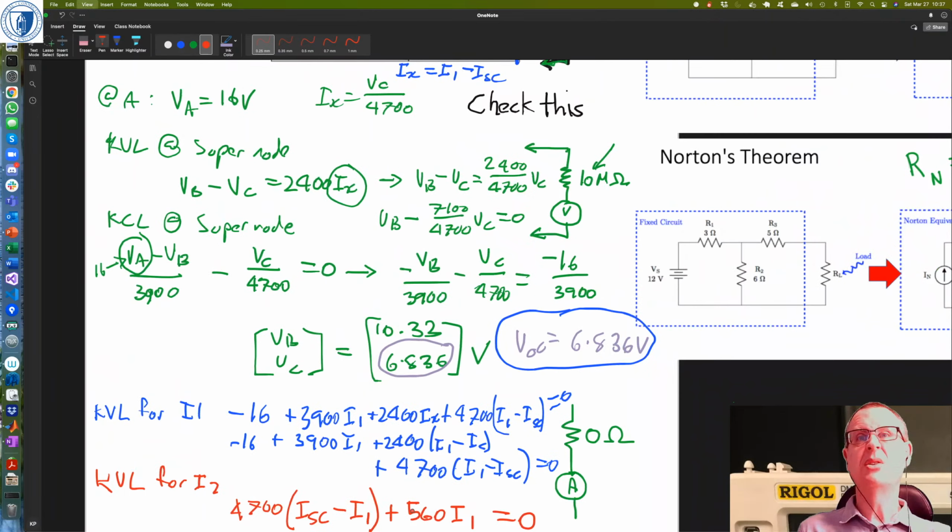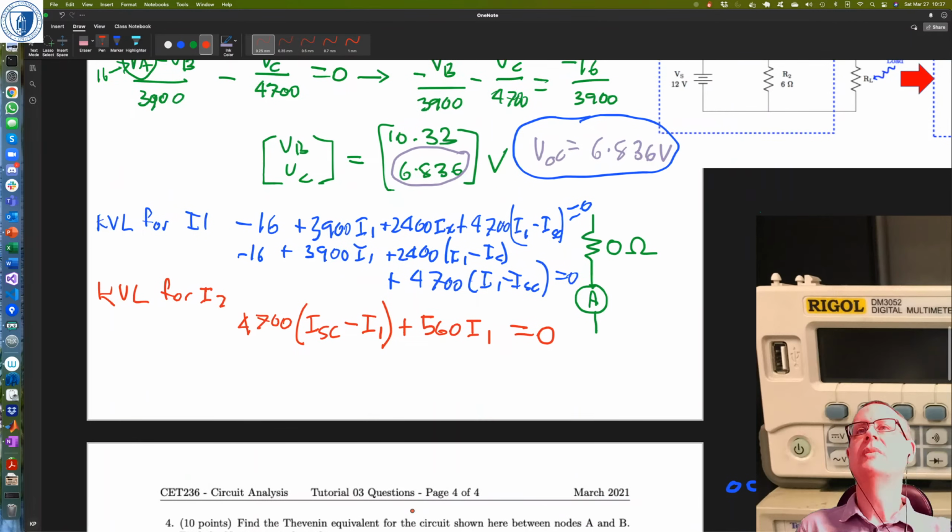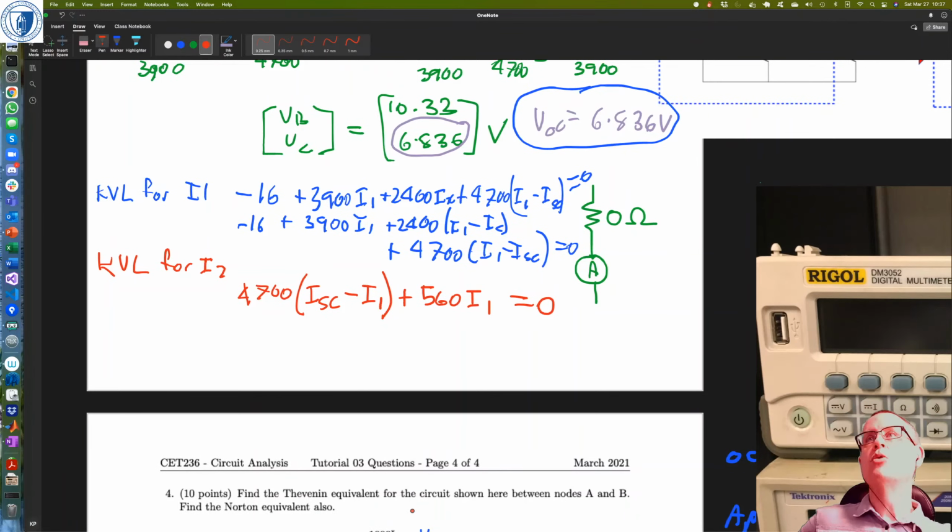Now I might need to reorder. I've got to distribute and group like terms. So let's just do that for this one. We've got 3900 plus 2400 plus 4700, right?